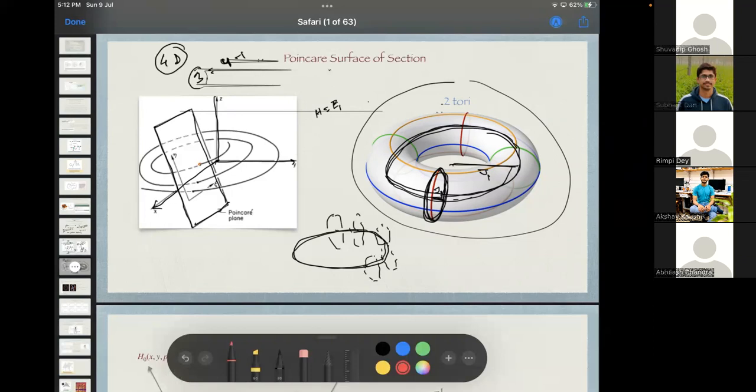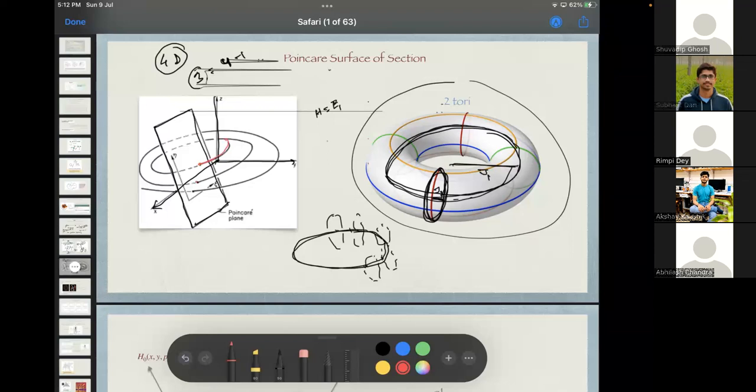So with time, these points will move, right? Now this will move, and let's say after a certain amount of time or certain time step, this trajectory will again cross this plane at a different point, right?